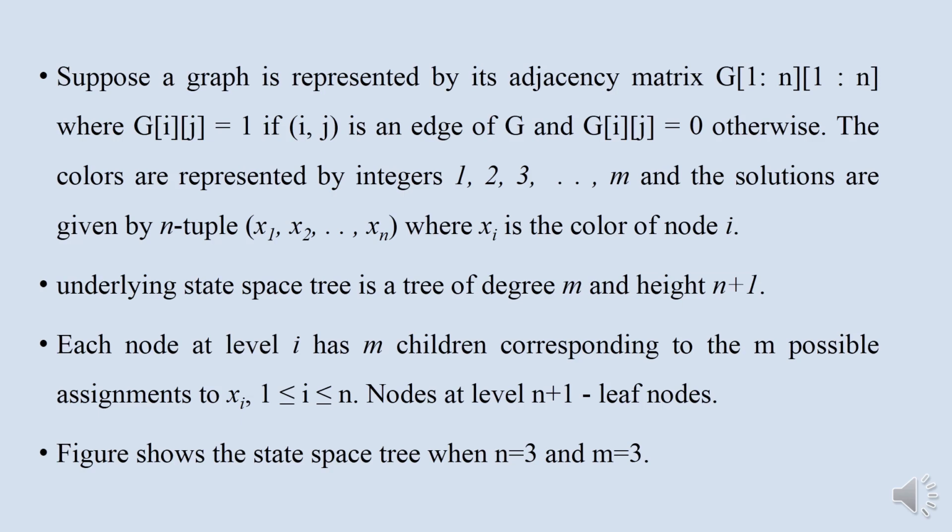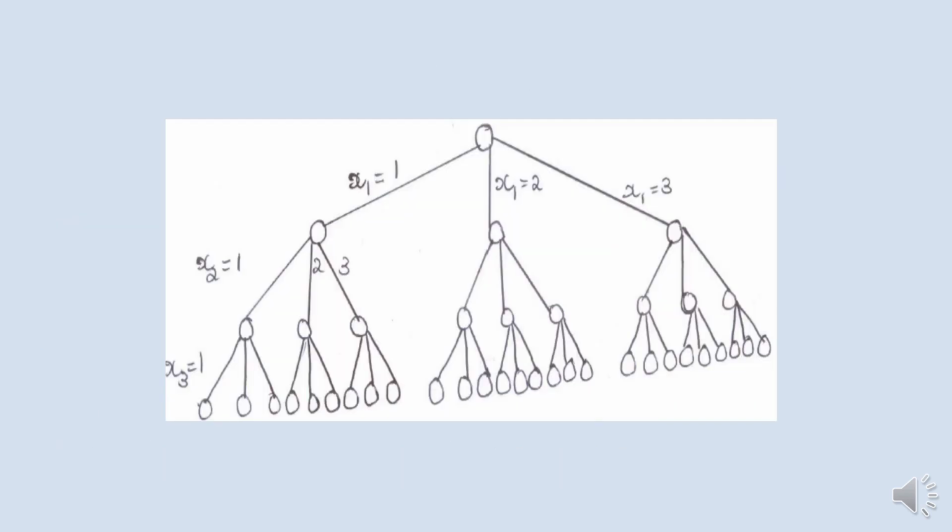Let us see a state space tree when we have n vertices, n is equal to 3, and also when there are 3 colors. Let us see how the state space tree diagram looks. Given n is equal to 3 and the number of colors m is equal to 3.